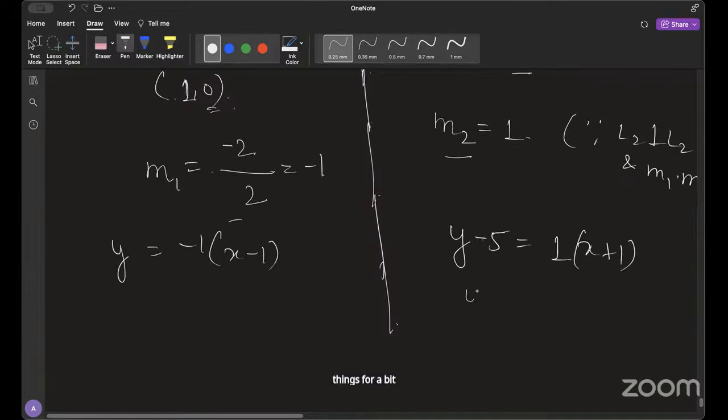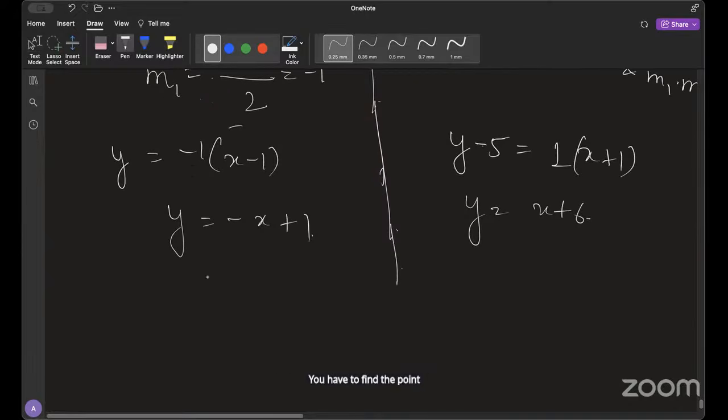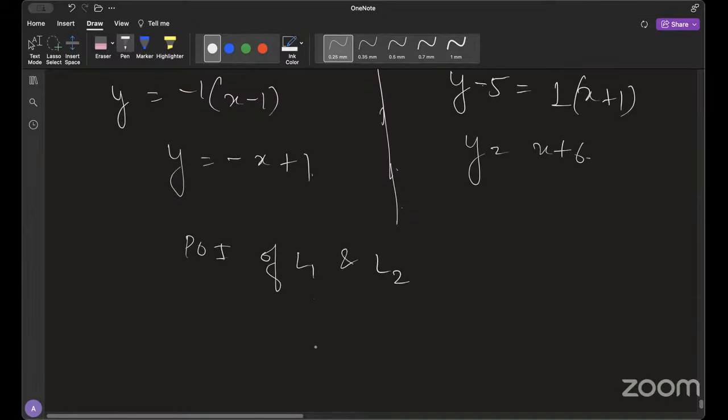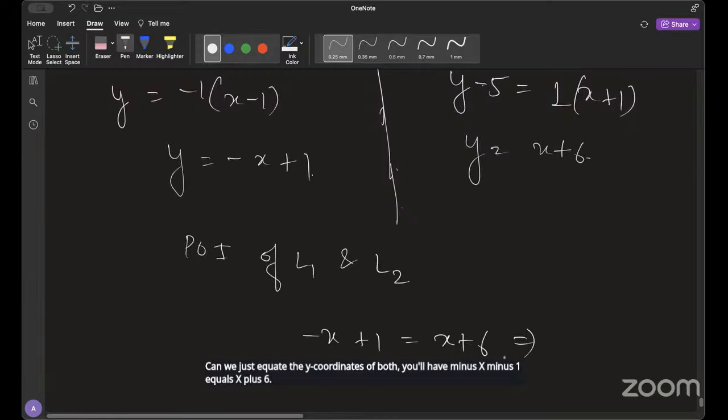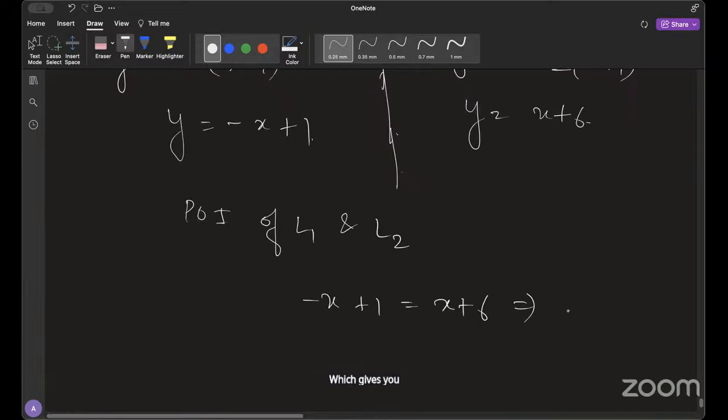In slope-intercept form, this will be y equals x plus 6, and this will be y equals minus x plus 1. So I have to find the point of intersection of these two. If you equate the y coordinates of both, you will have minus x plus 1 equals x plus 6, which gives you 2x equals minus 5. This gives you x equals minus 5 by 2.